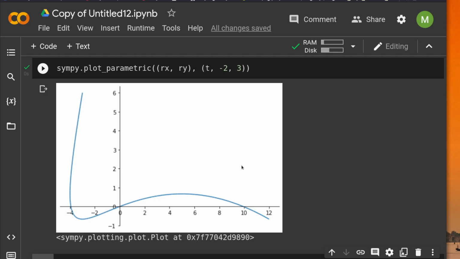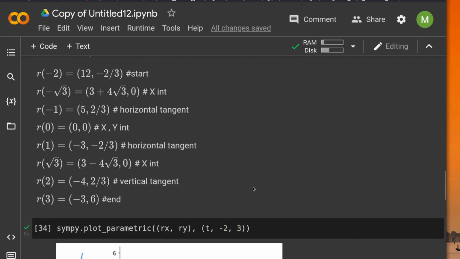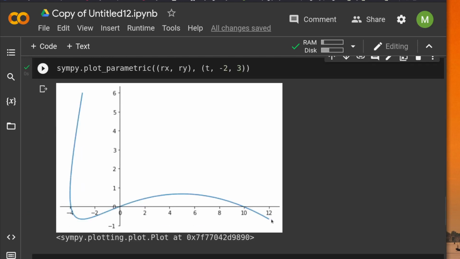And now we can read off, or we can match the information that we had before. So we start here, when the parameter is equal to -2, the point on the curve is 12, -2 over 3. That is our start point.